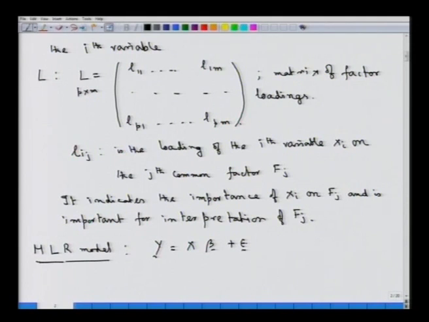In this setup, y is the set of response variables, that is, the observations in the response variable, say n by 1, n observations, and beta is the vector of parameters involved in a multiple linear regression model. So this is, say, a p by 1 dimensional vector of constants. This x is what is called the design matrix in multiple linear regression. This is an n by p matrix of deterministic constants, and this epsilon is the vector of noise random variables. So this is how the multiple linear regression model looks.